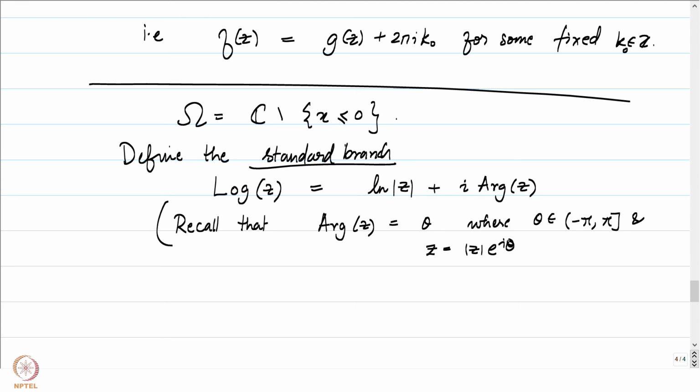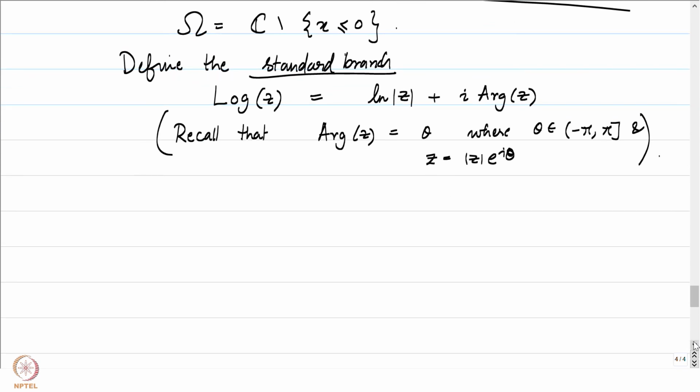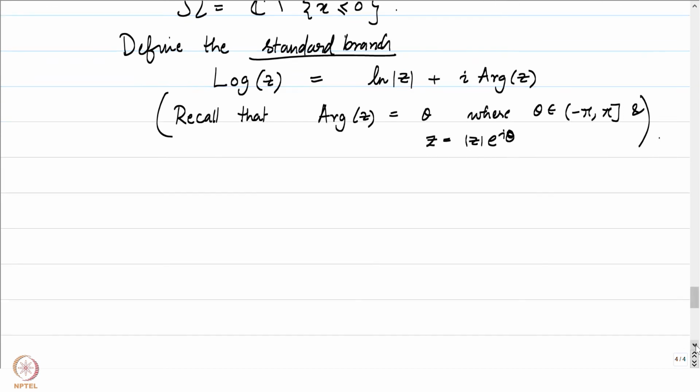So this was the standard argument. That is how we had defined the capital Arg of z. So we can pick our capital L log z to be in this particular manner. This is now an honest function because there is a unique such theta in the interval minus pi to pi.